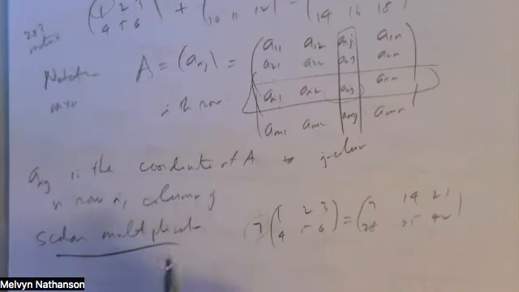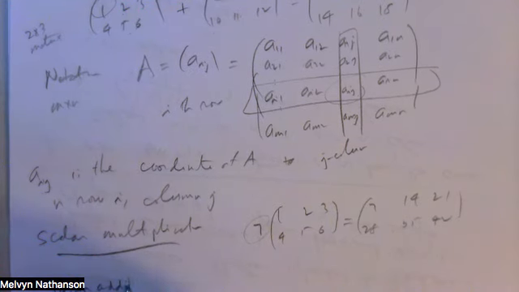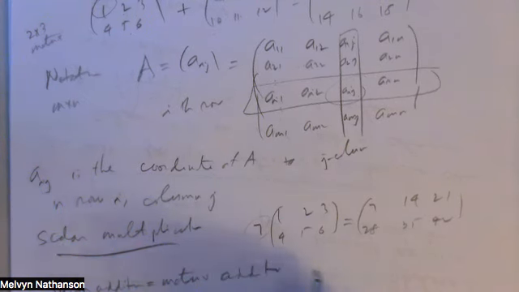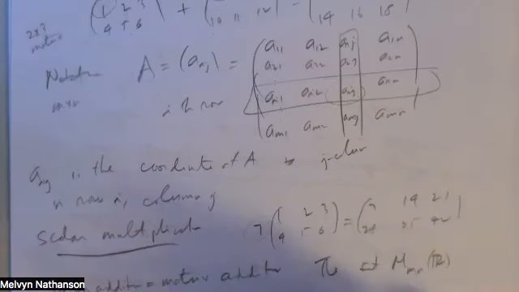And with matrix addition and scalar multiplication, the set capital M sub mn of R is a vector space.